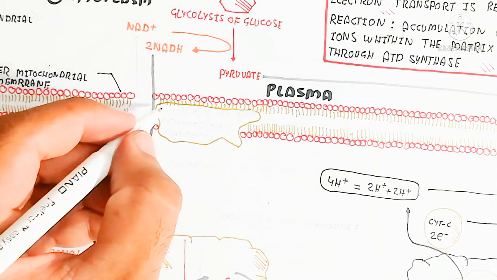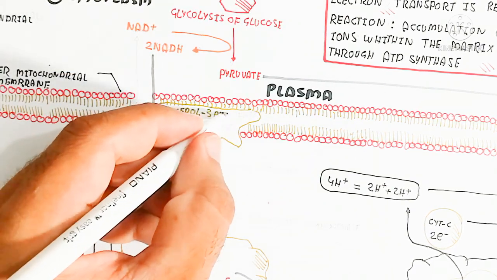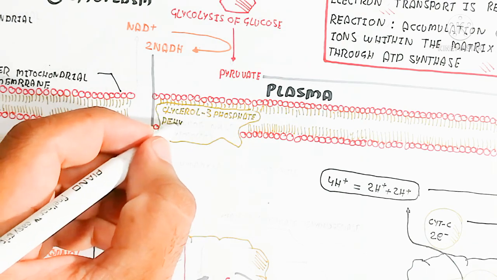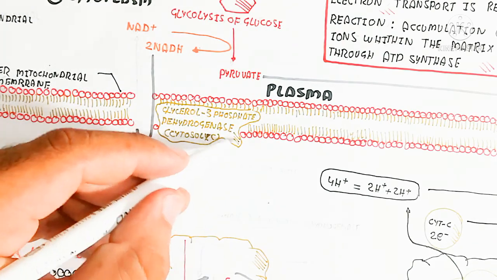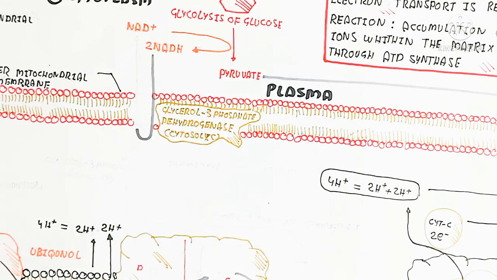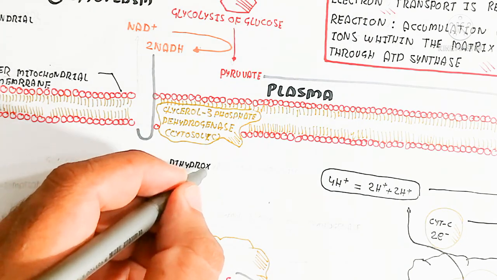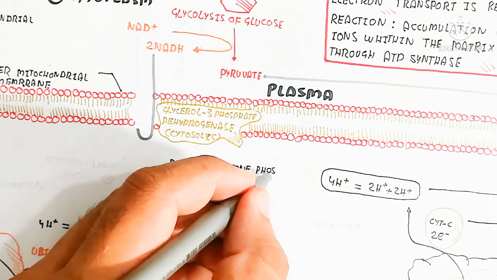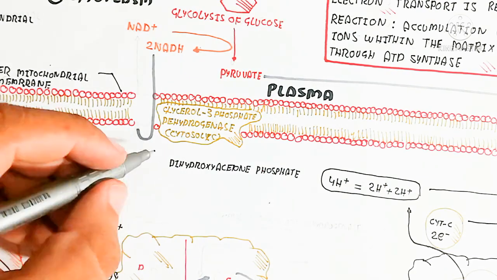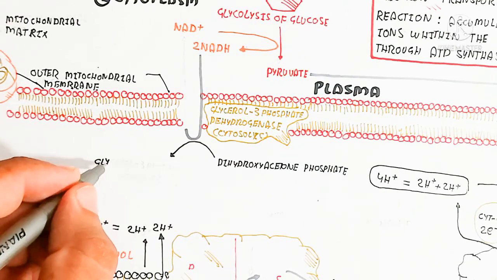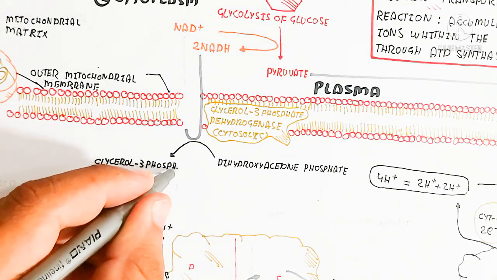So here is the outer side of the cytoplasm. Basically here is the glycerol 3-phosphate dehydrogenase enzyme, which is a cytosolic enzyme, and the 2 NADH will be used in the presence of dihydroxyacetone phosphate to convert it to glycerol 3-phosphate.